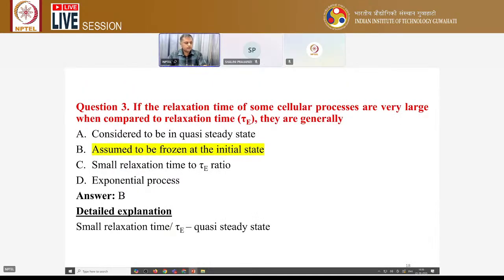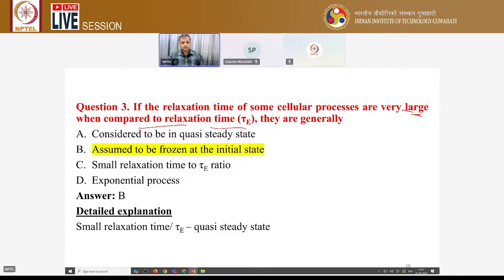Now question 3: if the relaxation time of some cellular processes is very large compared to the others, they are generally assumed to be, so what it says is, when some processes are going on, some cellular processes are also going on in between. Which one to consider, which one not to consider?